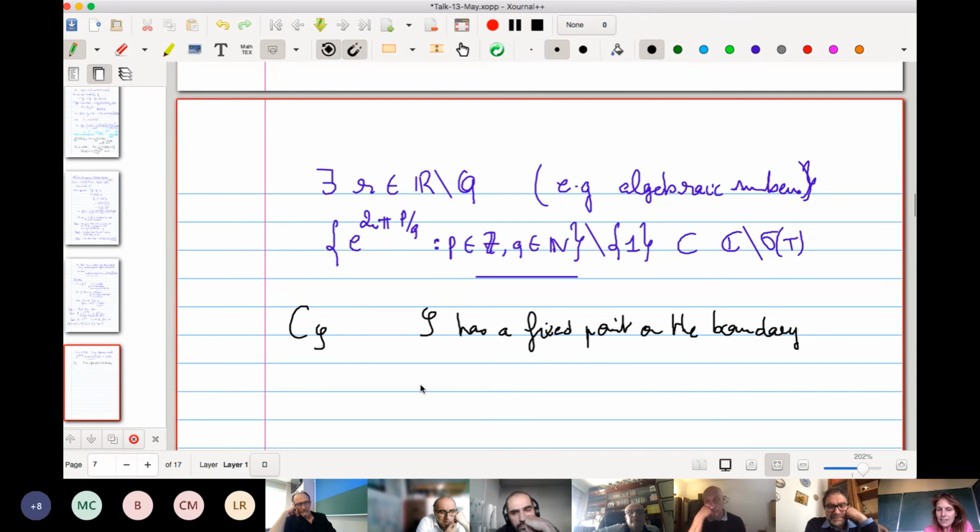But in both cases, the point spectrum of C phi is the whole complex plane except 0, and the eigenspaces are infinite dimensional.